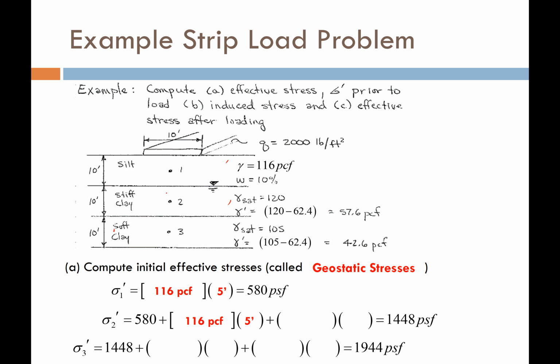And now we need to add to it the effective stress from this portion of the soil, which will simply be the buoyant unit weight: 120 pounds per cubic foot saturated unit weight minus the 62.4, which is the unit weight of water. So that's going to give me 57.6 pounds per cubic foot times the thickness of that soil, 5 feet. So that's going to give me 1448 pounds per square foot.